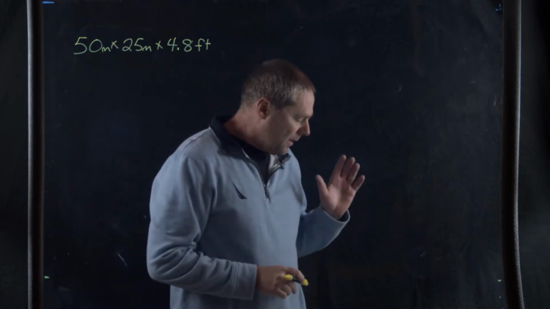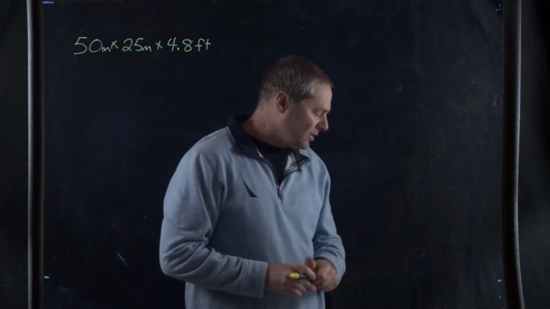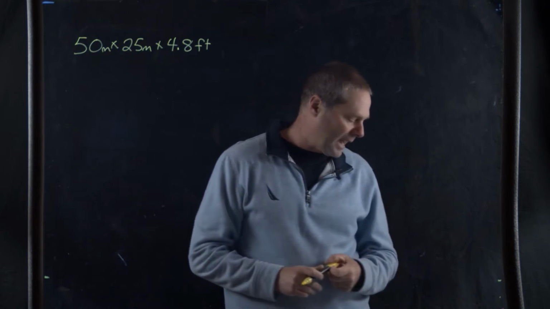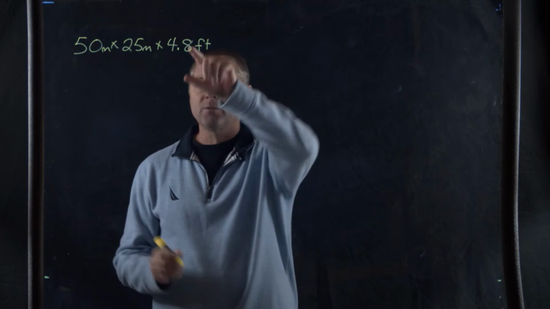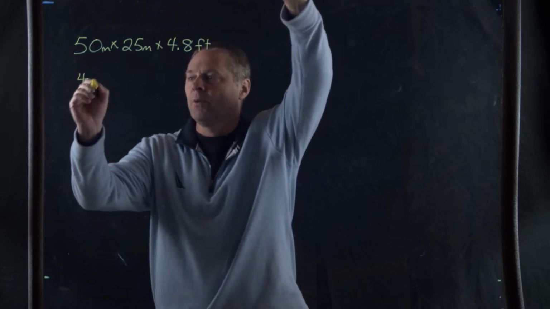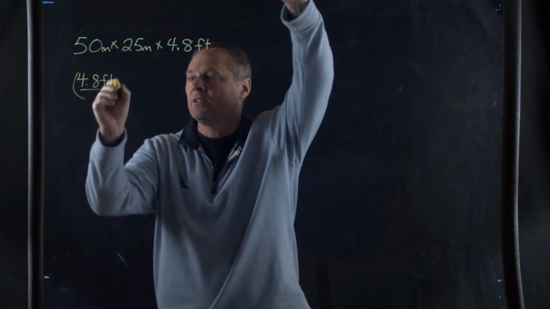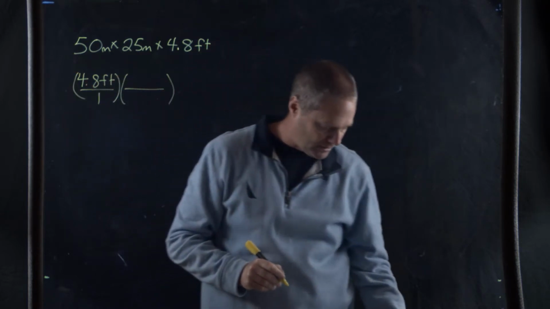Now, we want to find how many gallons this is going to take. It also gives us that 1 cubic meter is equal to 264 gallons. The first thing we have to do is convert this 4.8 feet to meters.